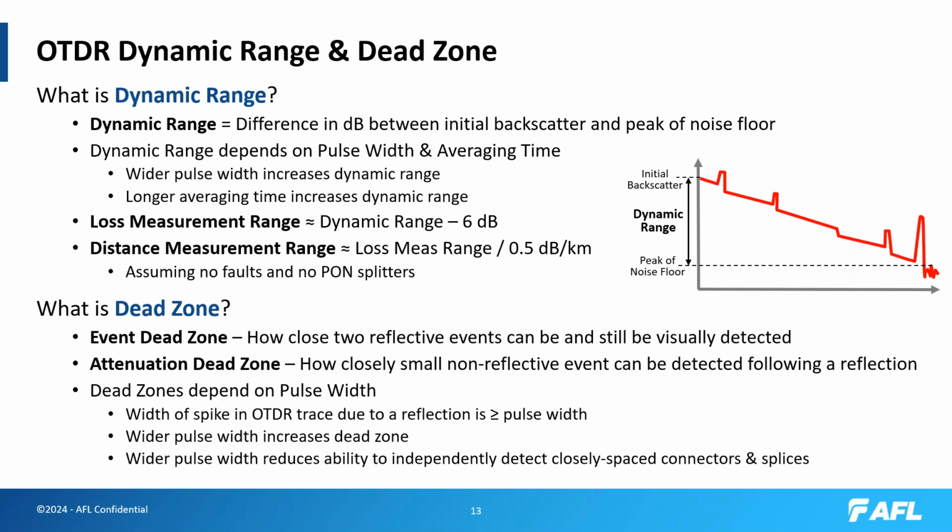And so you want to use a narrow pulse width to have narrow dead zones, but when you do that, your backscatter level will fall closer to the noise floor, and you won't be able to test as far down the network. So here we have the case that wider pulse widths increase dead zone, but reduce the ability to independently detect closely spaced connectors and splices.